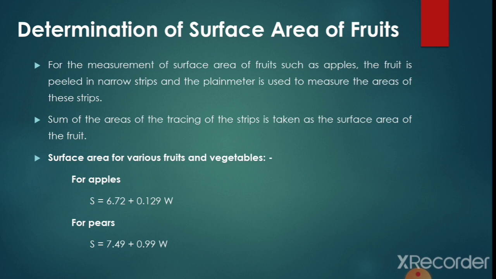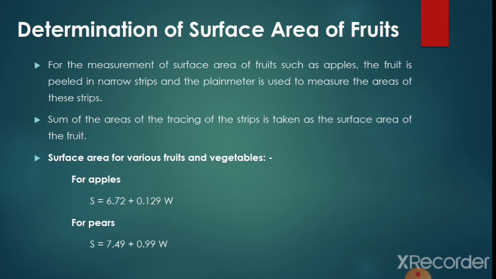Instead of using a planimeter, there are other techniques to determine the surface area of fruits. That is, we can use some formulas developed by researchers and scientists. The surface area of various fruits is determined using formulas.